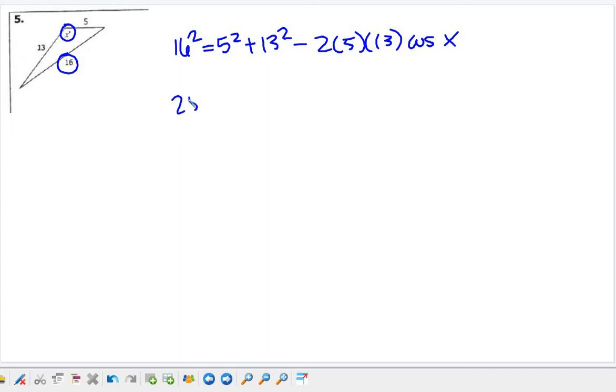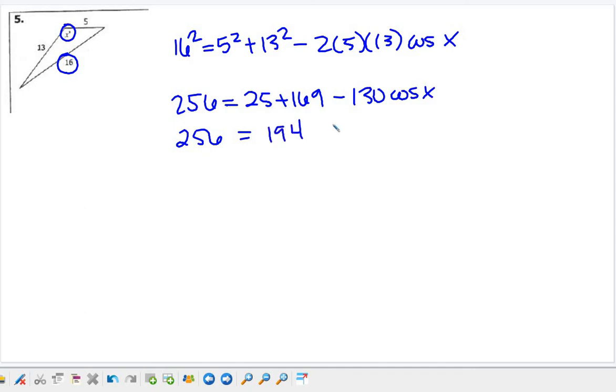256 equals 25 plus 169 minus 2 times 5 times 13, 130 cosine x. So 256 is equal to 25 plus 169, 194 minus 130 cosine x.